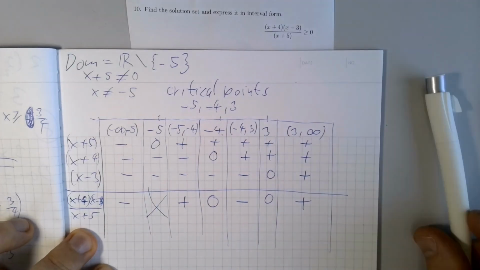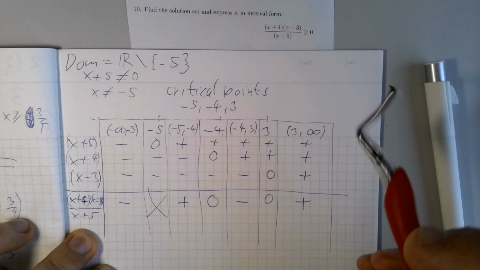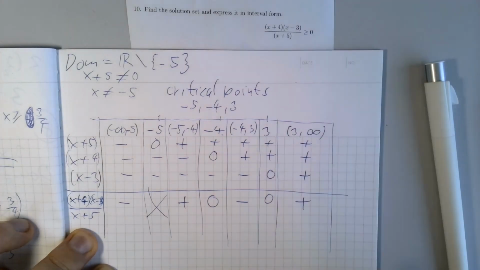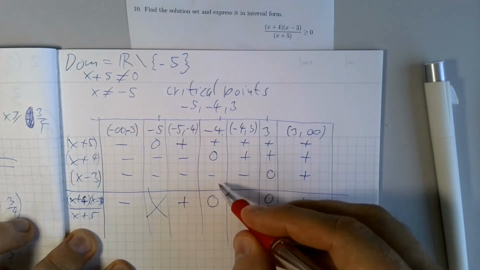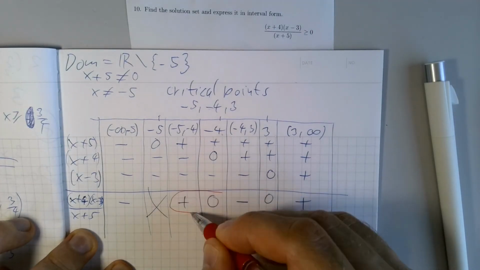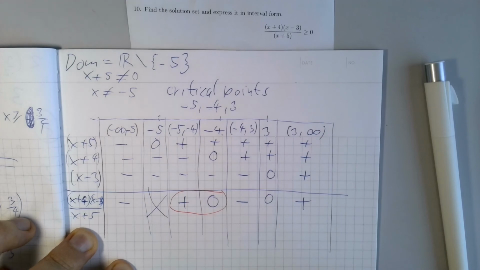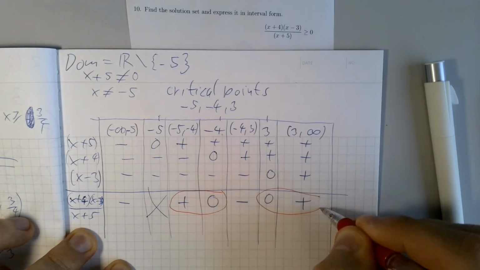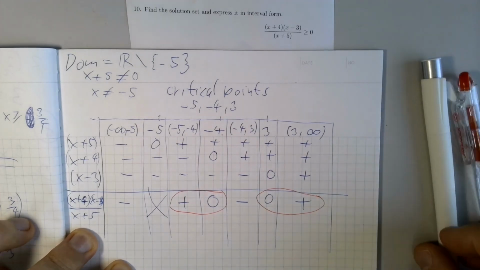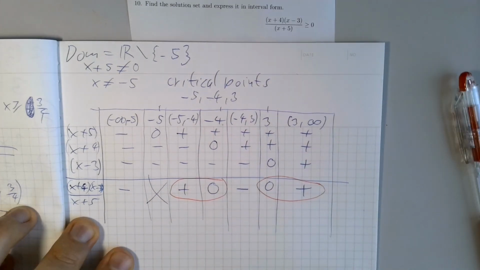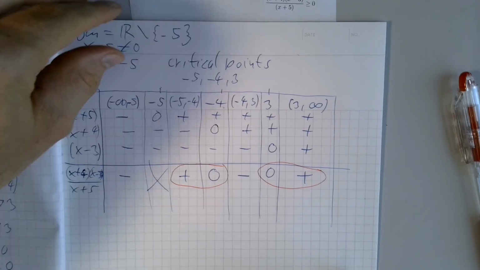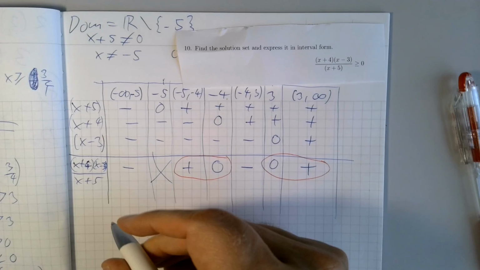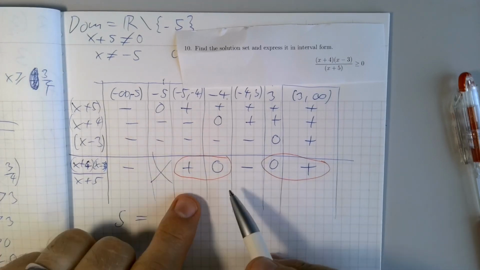So what are we looking for? We want the positive cases, including 0. So this is certainly good, and this is good as well. I can just read off the solution set here, and that will be this interval.